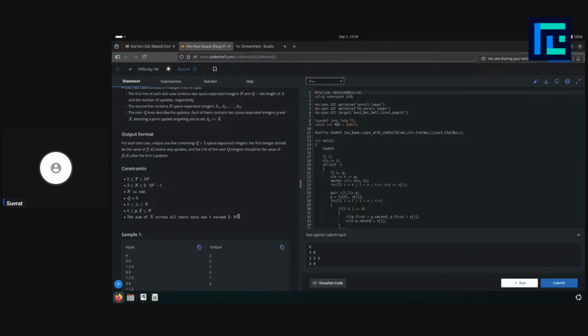So we will try to solve this in O(n log n). So let's start the discussion for this problem, Problem C.